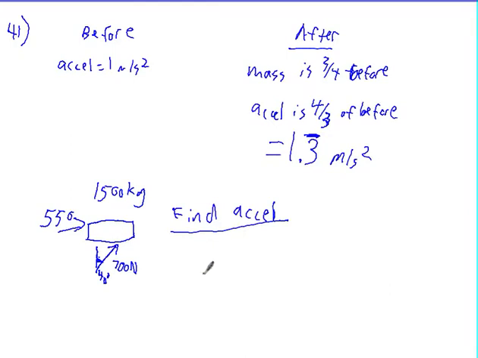What do you need to figure out? Force in this direction. In the end, what's your main goal? Find the acceleration. You always want to keep the main goal in mind. You'll need to do that stuff in the process.